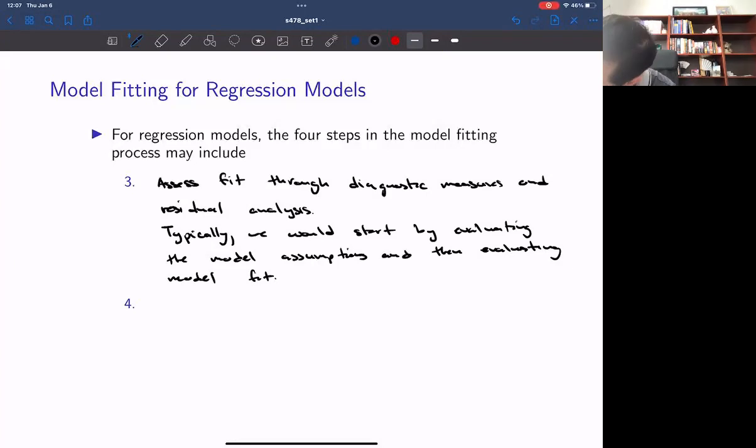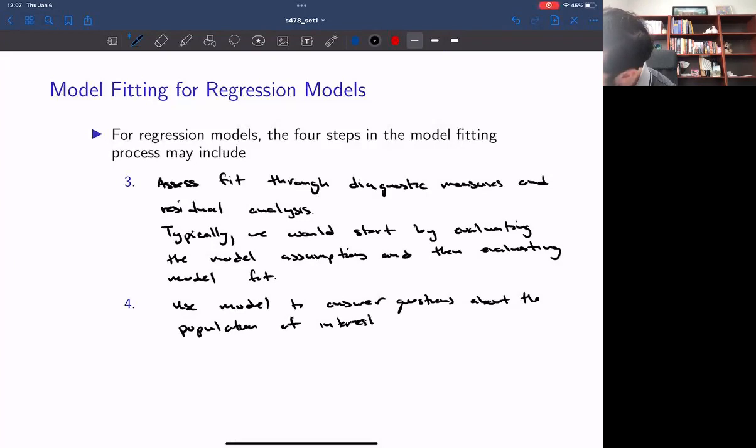Right? So use the model to answer questions about the population of interest.